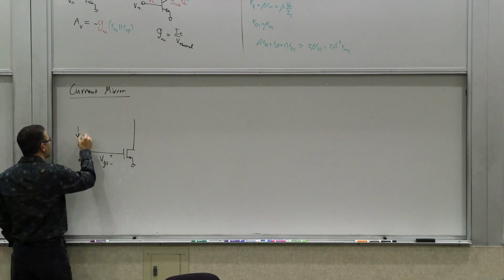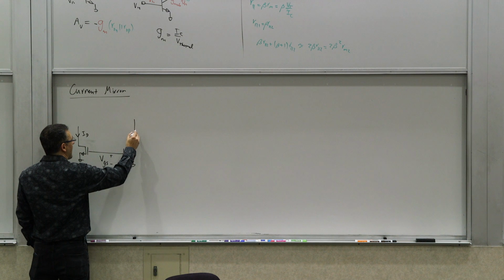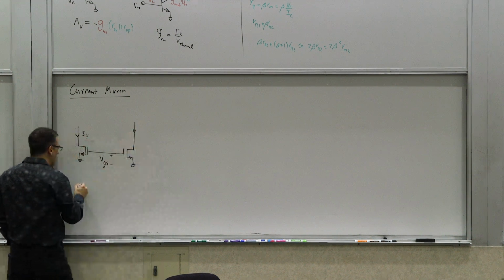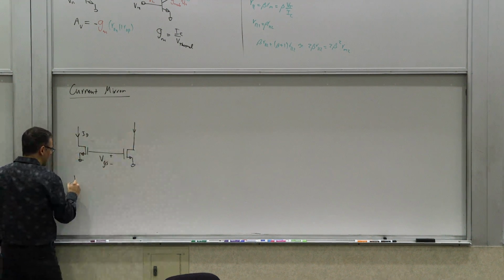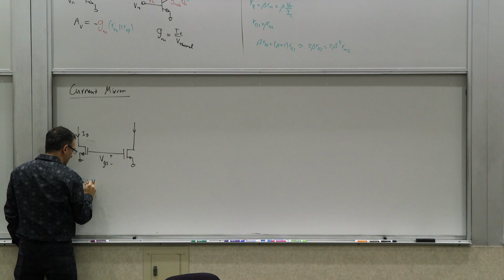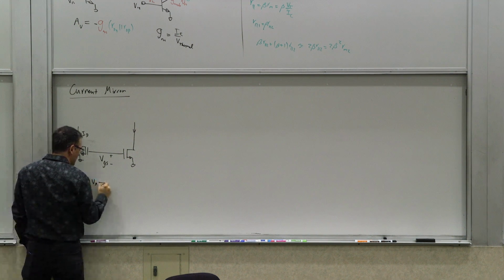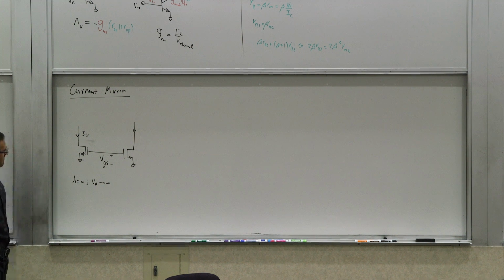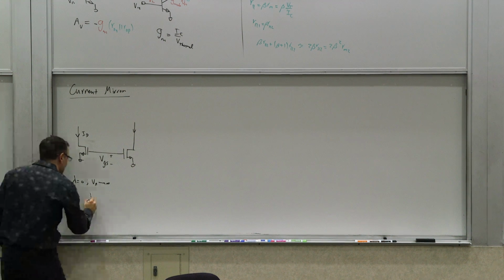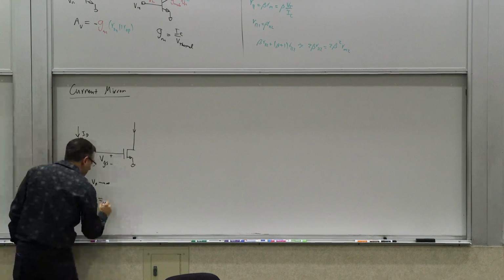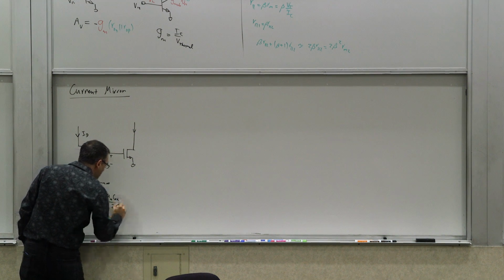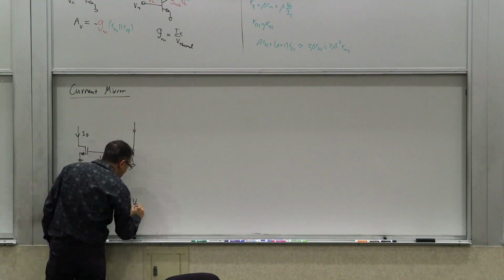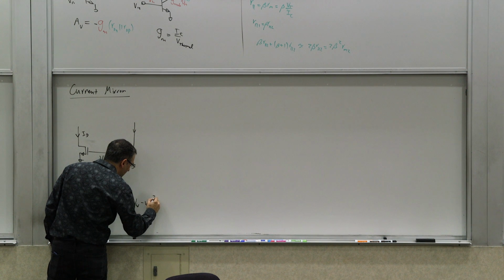So if this current is ID, and if there were no channel length modulation, let's say lambda was 0, which is equivalent to saying VA was infinity, if they have the same VGS, they should carry the same current, because the current in the pinch-off region, as long as they're in pinch-off, is mu n Cox over 2 times W over L times (VGS minus VT) squared, right?